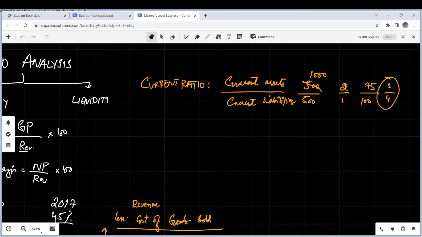But otherwise, if it's not an industry requirement, then maybe a 1:1 current asset to current liabilities ratio is good enough. So there is a problem if the current ratio is too high, and there is a problem if it falls below 1:1.